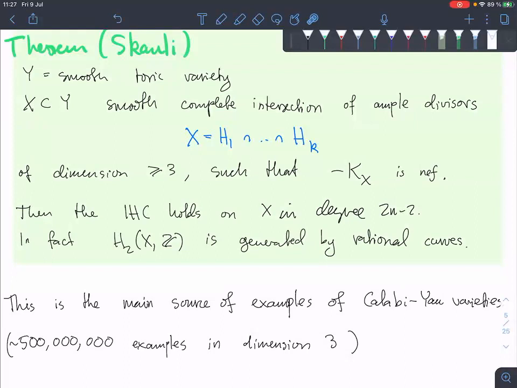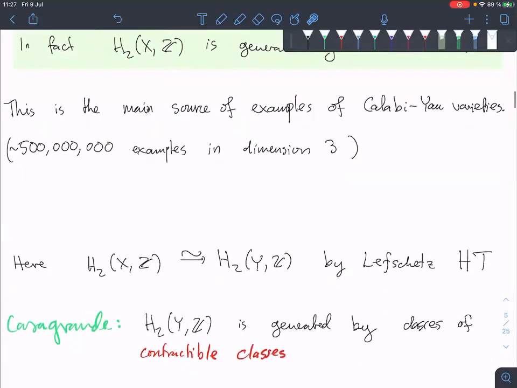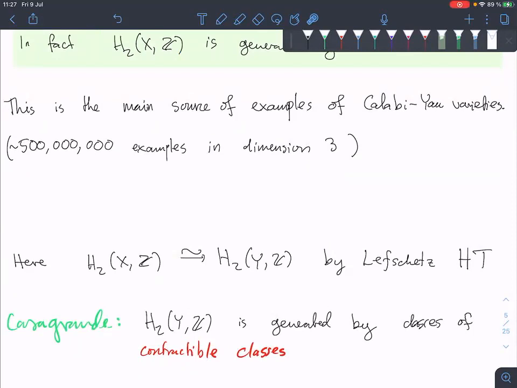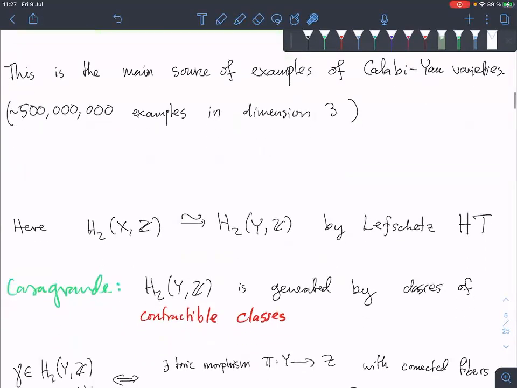I'm not going to prove this result, but I would like to give a non-trivial example that shows all the techniques that go into the proof.